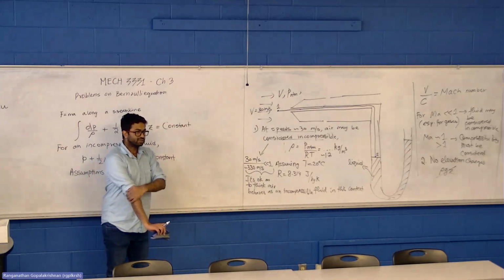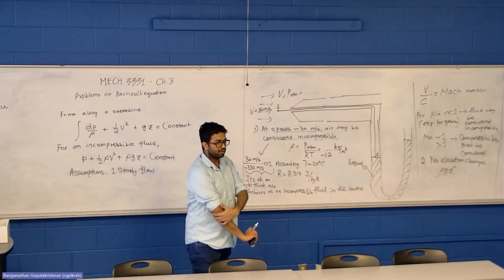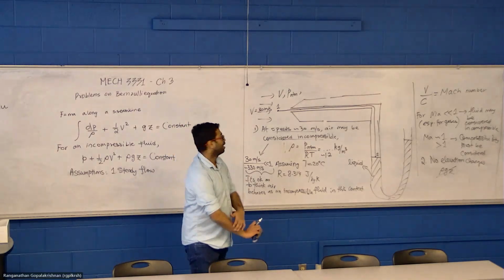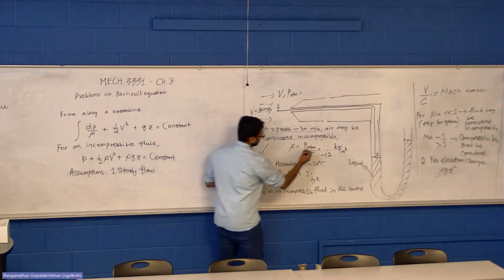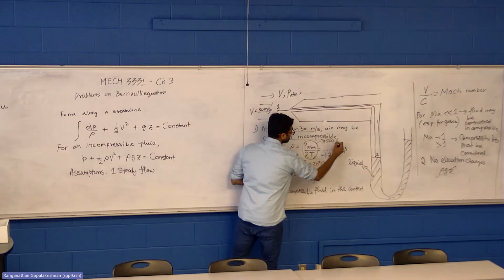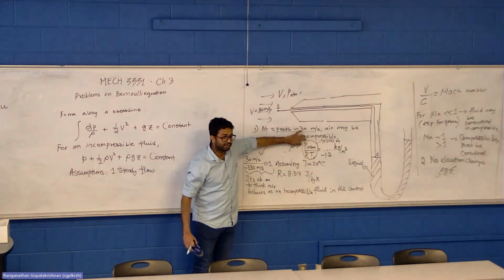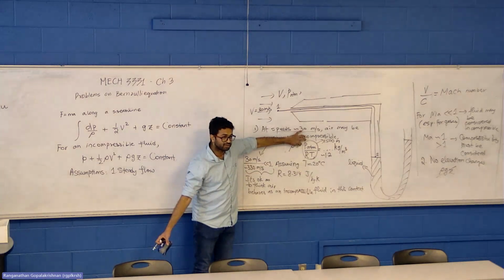Kenzie, do you have a question? What's the 1500 meters? What does that mean? Okay, that means the pressure and temperature must be evaluated at 1500 meters. I told you 1.2 based on ambient conditions, atmospheric pressure conditions.